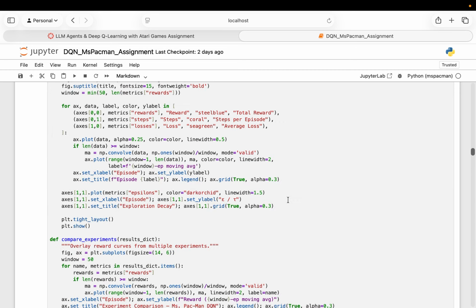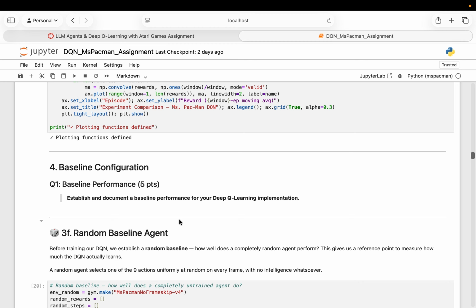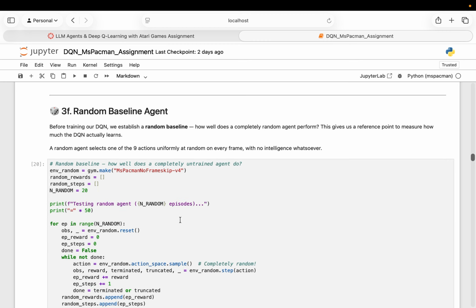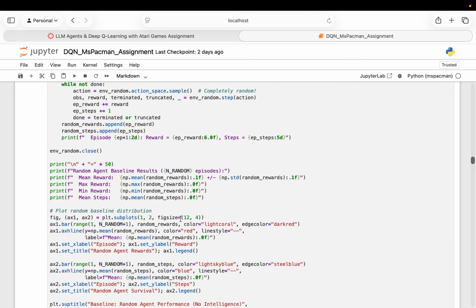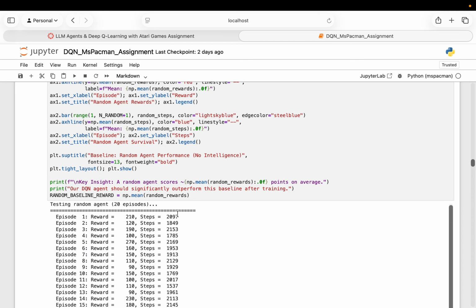So here we can see the baseline configuration. Before training, I ran a random agent for 20 episodes to establish a performance floor. You can see the random agent scores very poorly. It just wanders into ghosts and dies. This gives a reference point to measure how much the DQN actually learns.